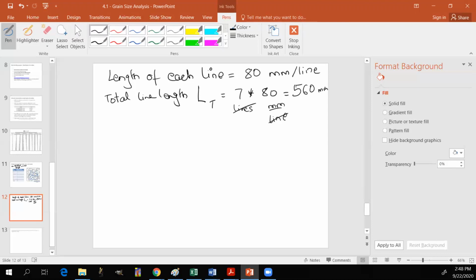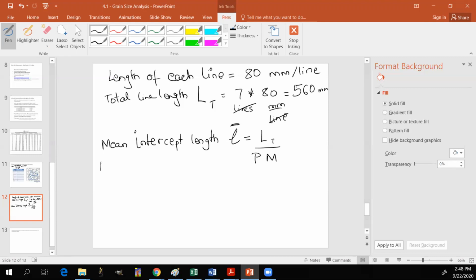And then the mean intercept length, the first one, which gives us an idea of what the grain size is going to be. This is the formula for it. So the mean intercept length, which is characterized by that fancy L with a bar on top, is just equal to this L_T divided by P times M, where M was that magnification that we'd found, and P is just equal to the total number of grain boundary intersections.